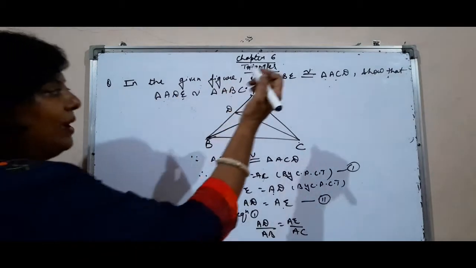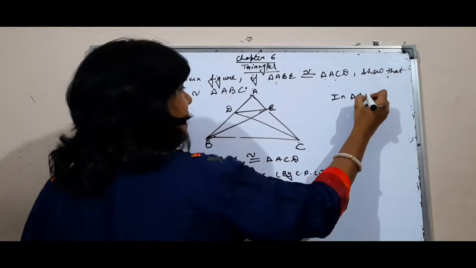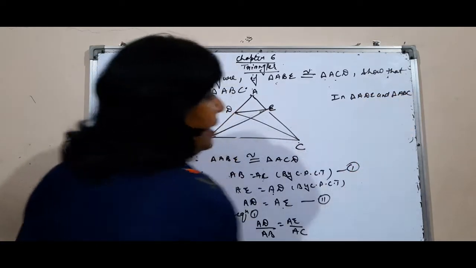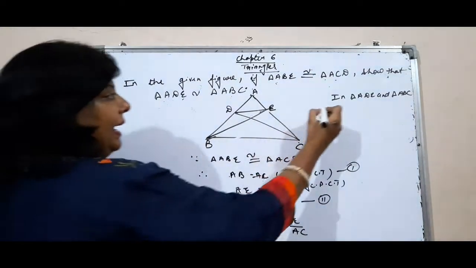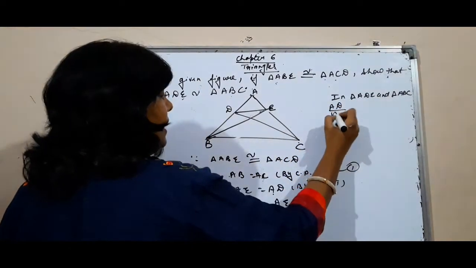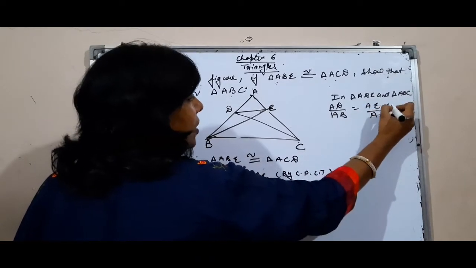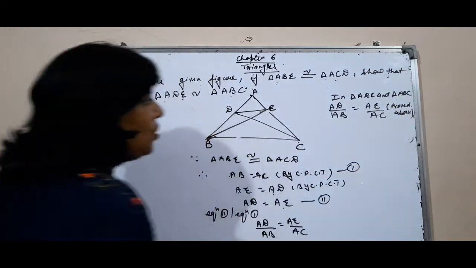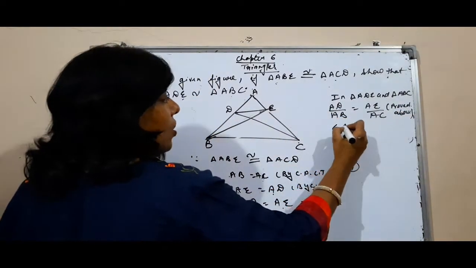Now come to this triangle. In triangle ADE and triangle ABC, now you can easily prove that these two triangles are similar. AD upon AB equals to AE upon AC, proved above. And moreover, angle A equals to angle A, common.